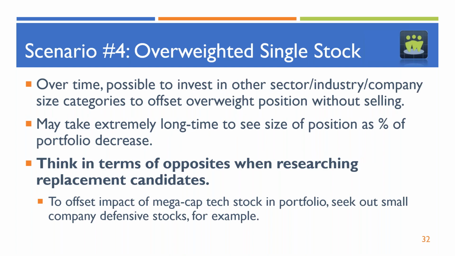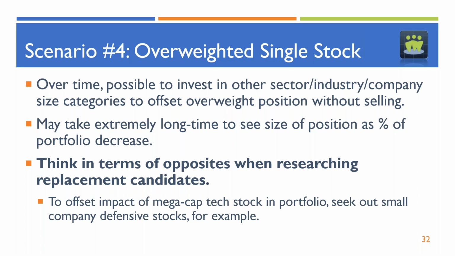Scenario number 4, if you've got an overweighted single stock and you don't have the opportunity to sell or replace it, then you can use the new money coming into the club to offset that single holding. The problem with this approach is that it can take a very, very long time to see the position decrease significantly. But you can think in terms of opposites when researching replacement candidates.